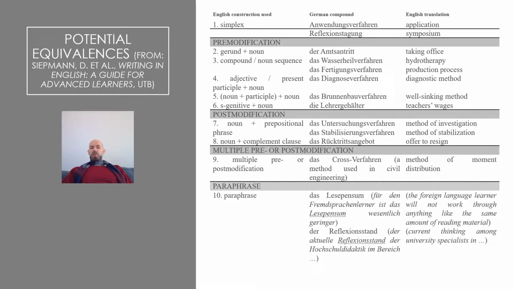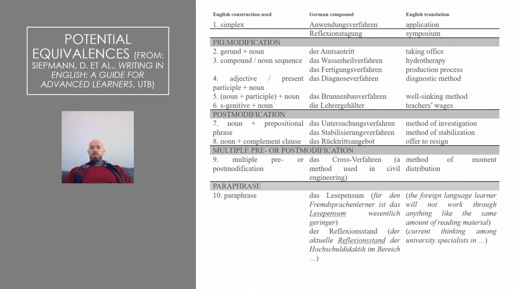And sometimes we have a noun plus a complement clause. So an offer to resign, frequent rendition using an infinitive. Das Rücktrittsangebot. We'll see that these renditions occur with a particular type of noun usually. We'll see which types of noun are involved later.